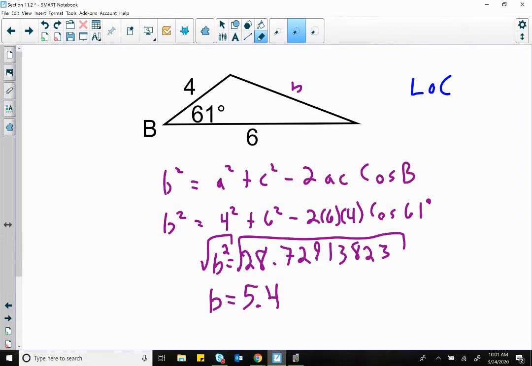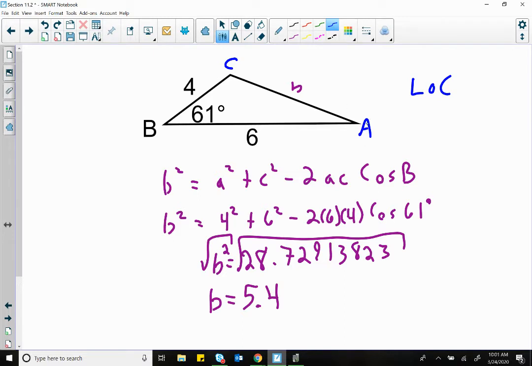And then now we will go through and we will find all of the other two angles by using law of sines. And again, when we use law of sines here, because we want to find big C and big A, excuse me, we need to make sure that we find the smallest angle next.